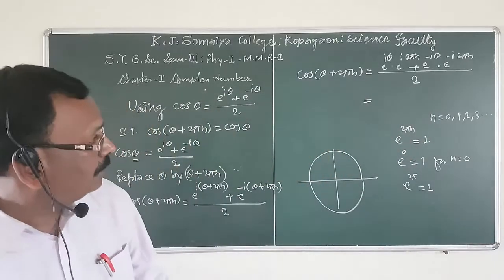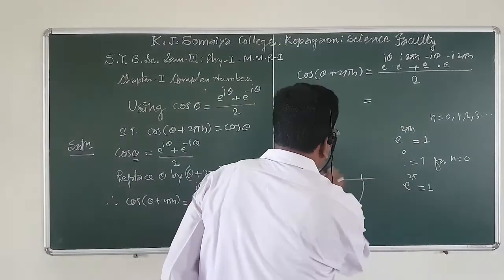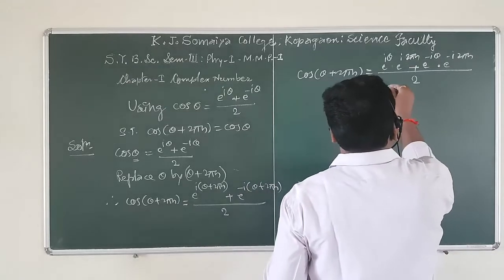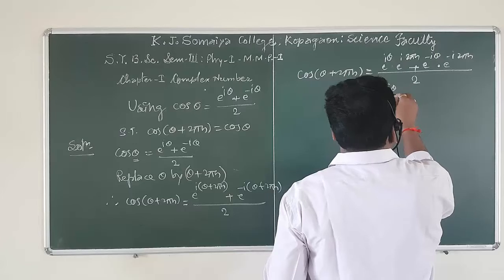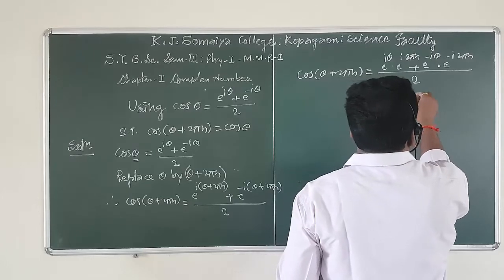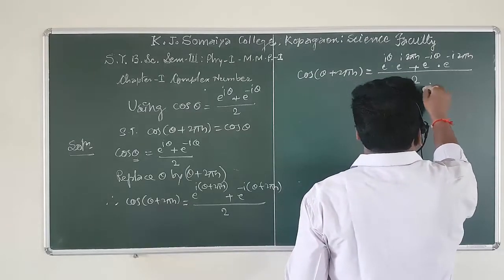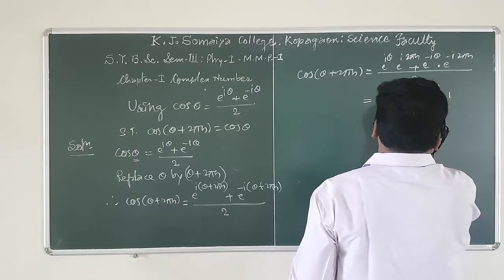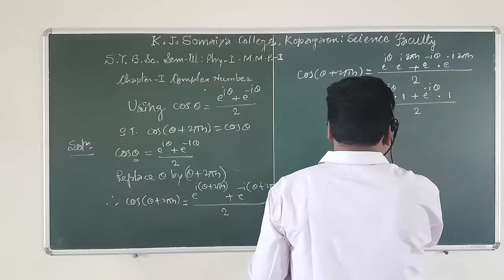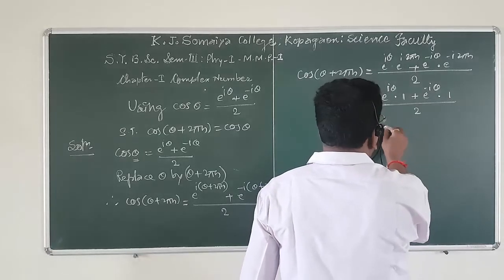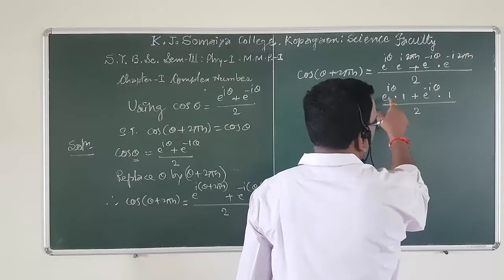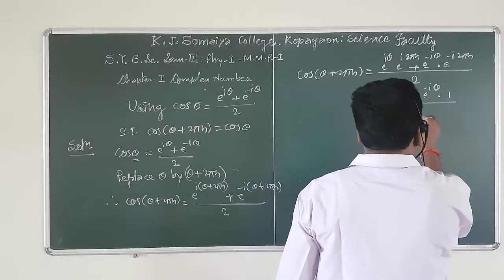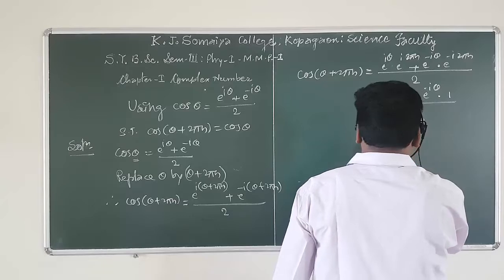By considering this, we have e^(i theta) into 1 plus e^(-i theta) into 1 upon 2. Again, we can write from this e^(i theta), because e^(i theta) into 1 means e^(i theta), plus e^(-i theta) upon 2.